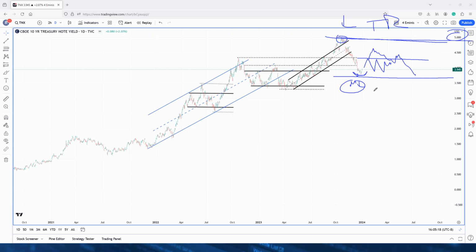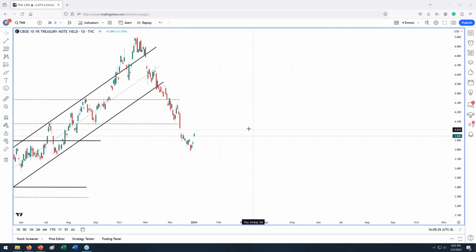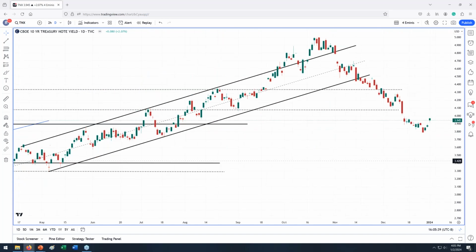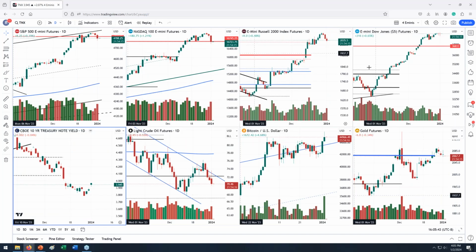So that's my expectation for 2024. A trading range with more bearish type of weight on the yields than bullish. And definitely that's going to be better for the stock market, although there will be some rallies here. So it's not that it's all bullish for the stocks.